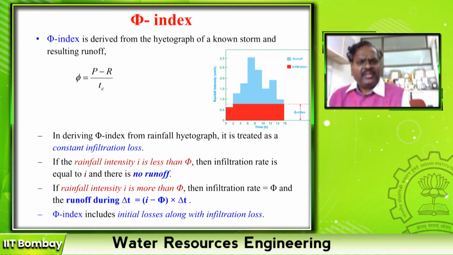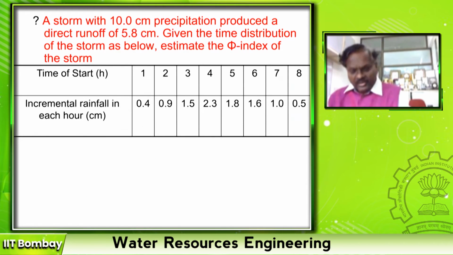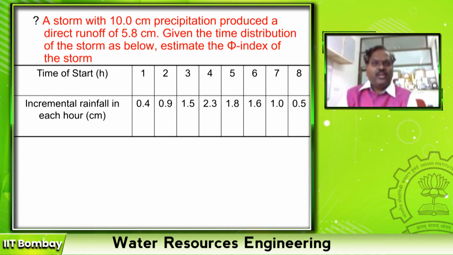Okay, phi index. Let us do one small problem. Here a storm with 10 centimeter precipitation produced a direct runoff of 5.8 centimeter. So total rainfall was 10 centimeter, runoff was 5.8 centimeter, and the rain occurred for 8 hours.